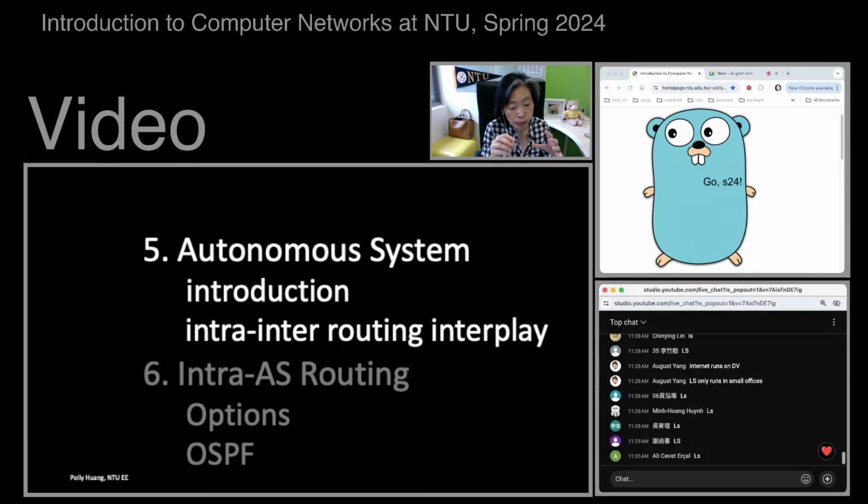So to send data from a source to a destination within an AS, that is straightforward. Now, but to send data from one AS to another AS, how do we do that, right? How do we do that? This video tells a little bit more how we send data from one AS to another AS.